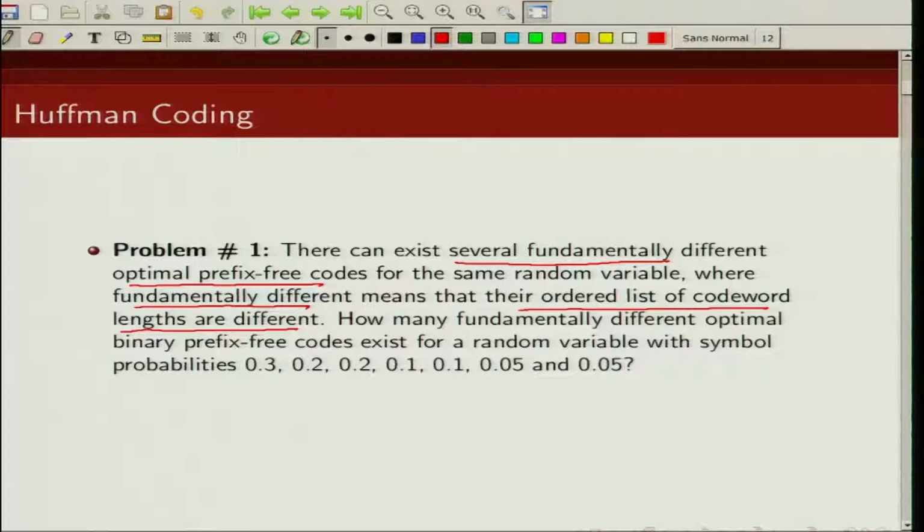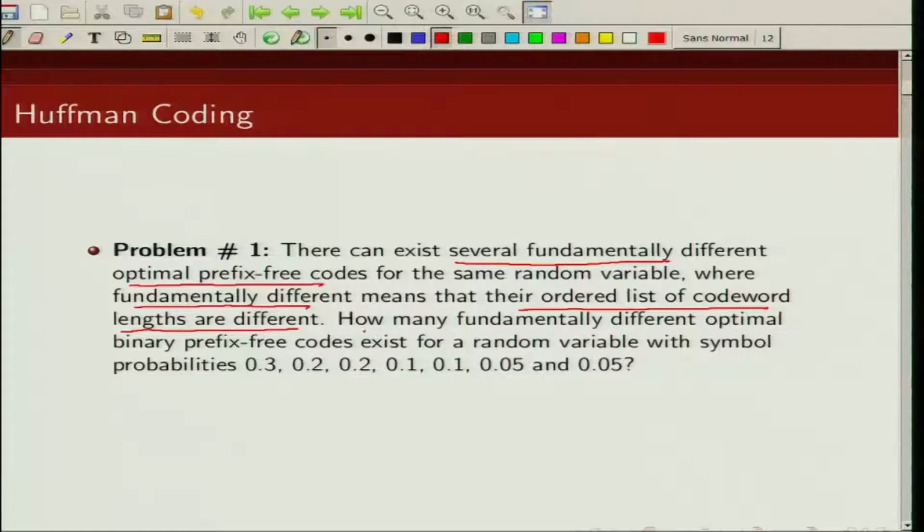So when I say fundamentally different optimal prefix free codes, I mean these are Huffman codes, and if I arrange the Huffman code by the length of the code words, their ordered list of code word lengths is different.